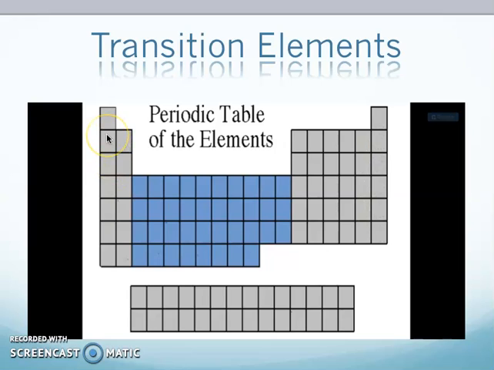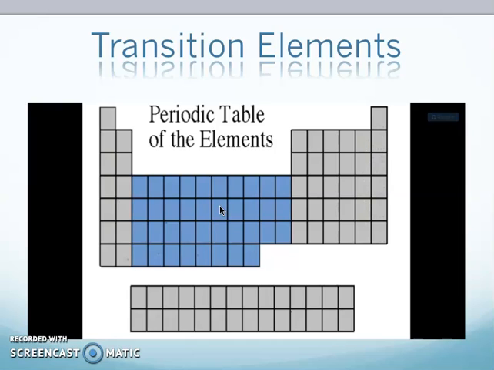These are the normal elements or representative elements with very basic or specific properties. But the elements present in the middle, which are highlighted blue right now, are called B-type elements, and are also called transition elements. These do not have a fixed number of electrons which participate in chemical reactions.